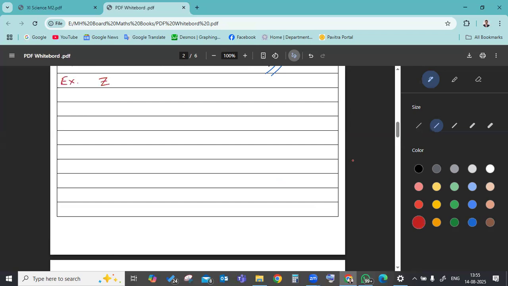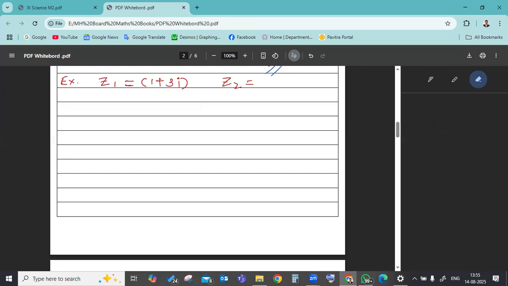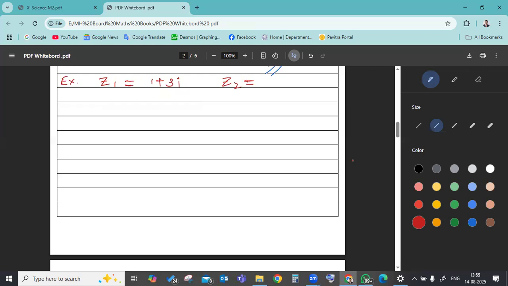Example: Z1 equals, let's take a simple example, 1 plus 3i, right? And Z2, let's take Z2 as 2 plus i, right?